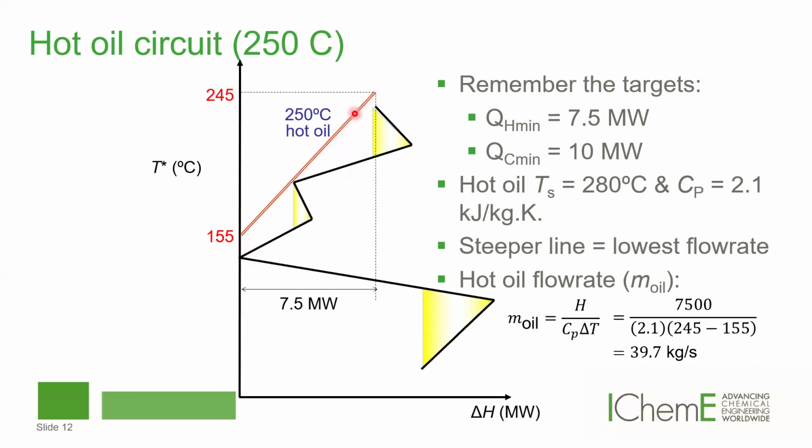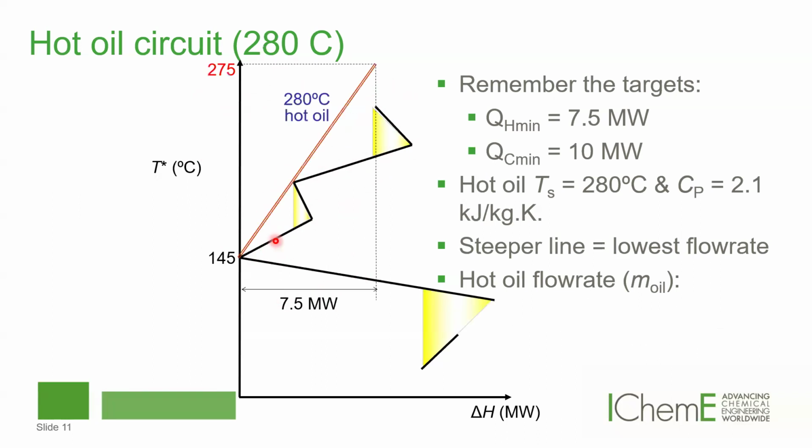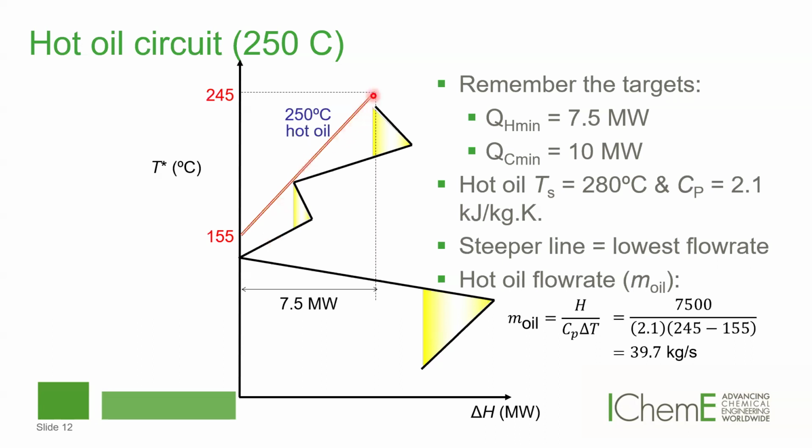Because of that, the end of the line right here is raised. Before, it was at 145, exactly the pinch point, but because we plotted it by making sure it's above the grand composite curve and the temperature is lower, it does not reach the pinch point.